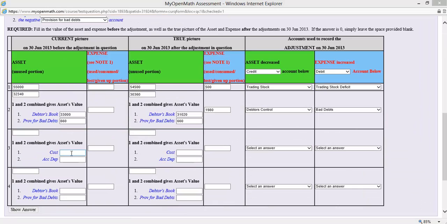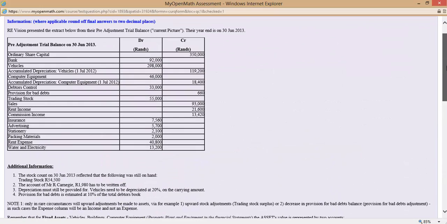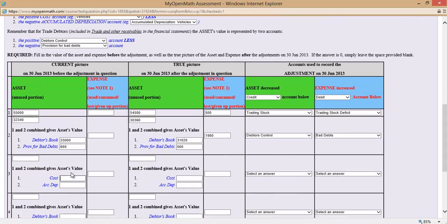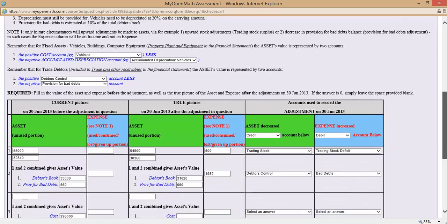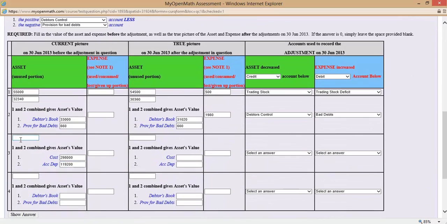The current picture, we need to complete the cost and accumulated depreciation. So the cost we know is 298,000 Rand. And the accumulated depreciation, we've already checked that as well. 119,200, also from the trial balance. There it is. And if you take the cost minus the accumulated depreciation, that gave us the carrying amount.